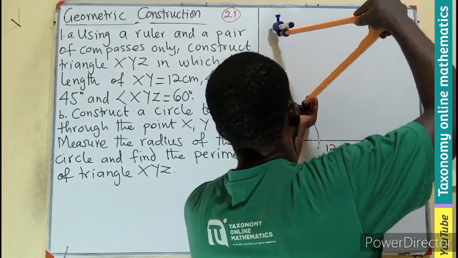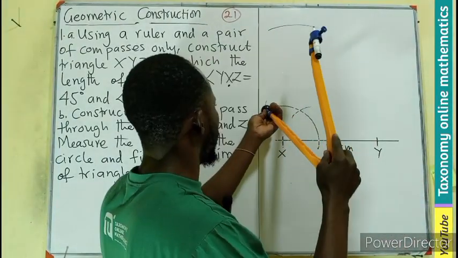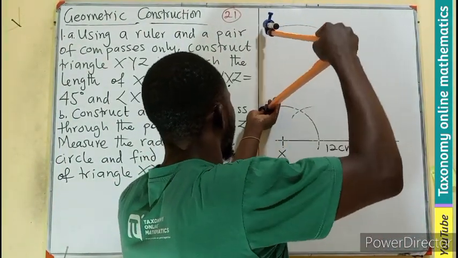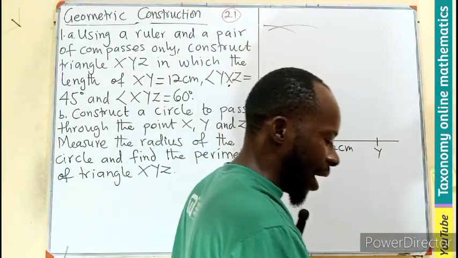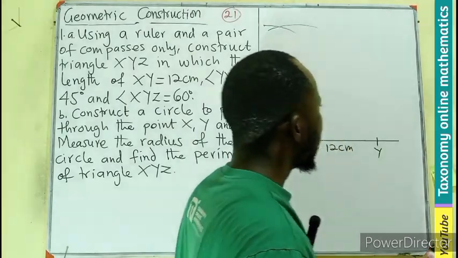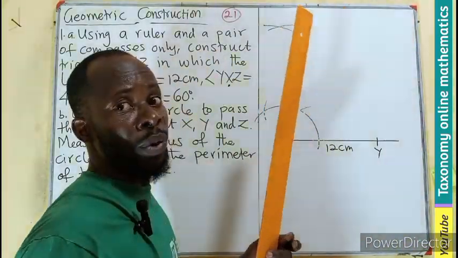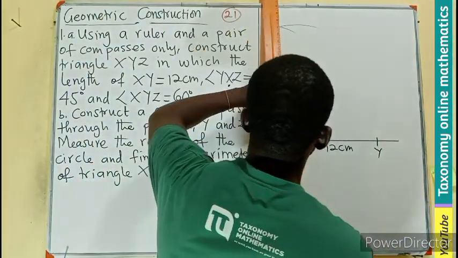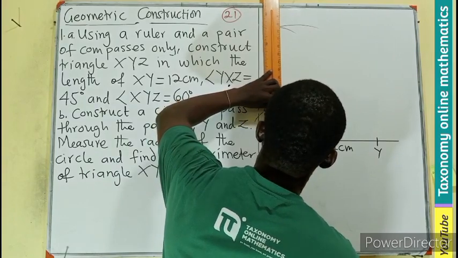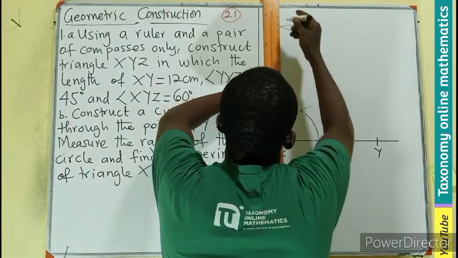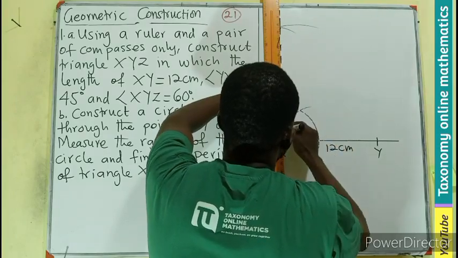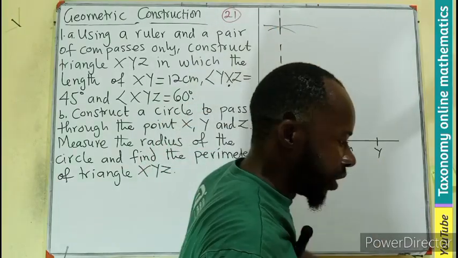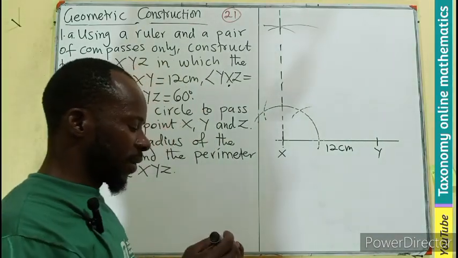Then we follow suit to this, and we cut it there. So now we can get our 90 degrees. Don't forget, we are not looking for 90, so we use a broken line. Let's take our broken line. So this is our 90 degrees.